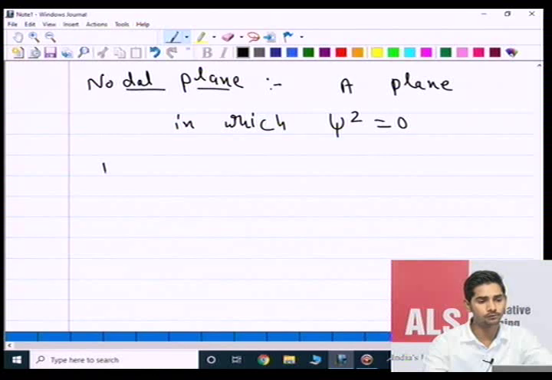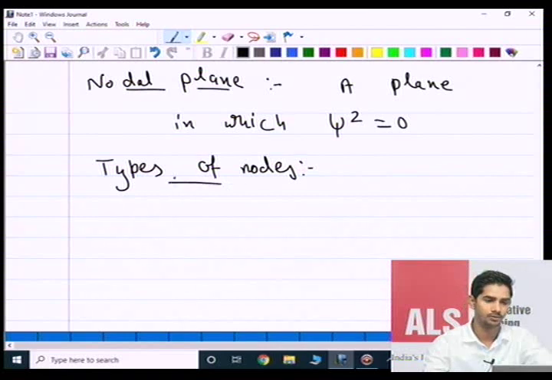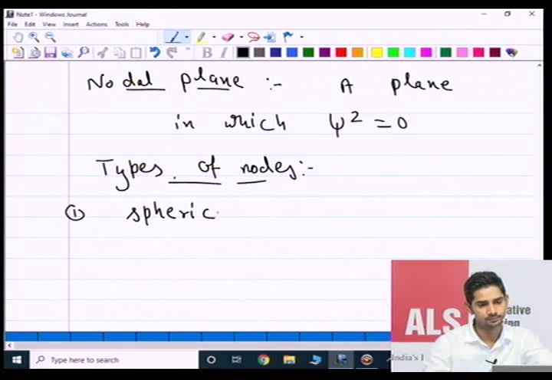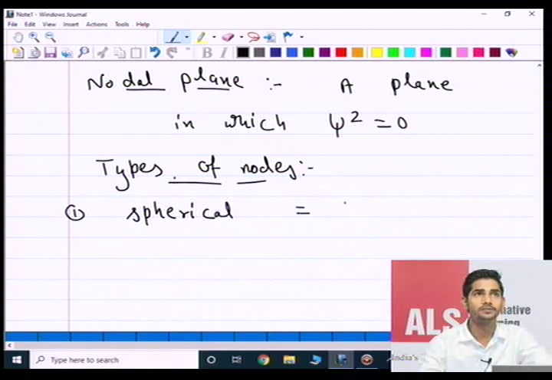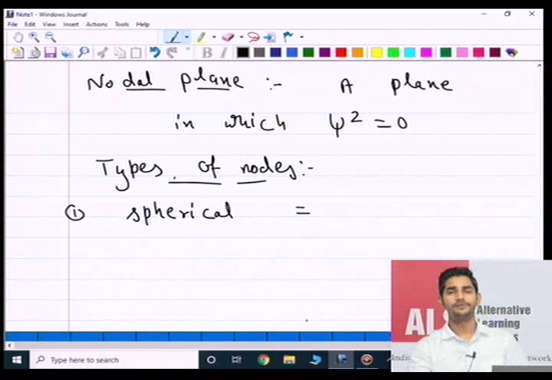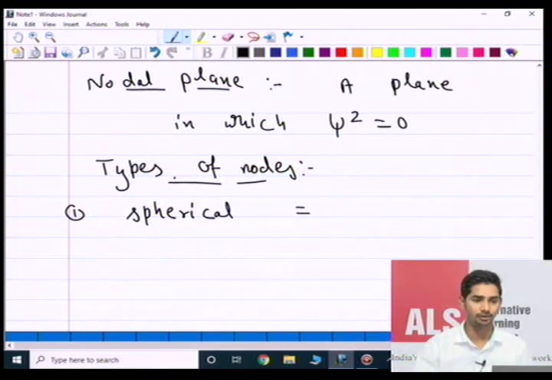Now we have types of nodes. First is your spherical. If I talk about spherical nodes, they are spherical in shape. Ultimately, the name has been derived on the basis of their shapes. Because these are spherical in nature, they are termed spherical nodes. The formula is n minus l minus 1.